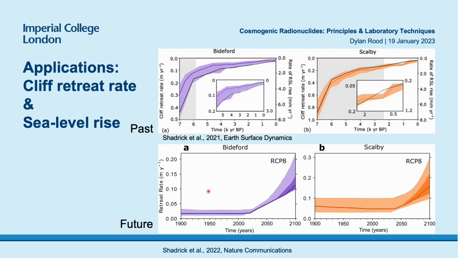We then went on, just this last year, to publish in Nature Communications forecasts using the optimized model for the future, for the next 100 years, based on several sea level histories that were related to the representative concentration pathways, the emission scenarios for the future.